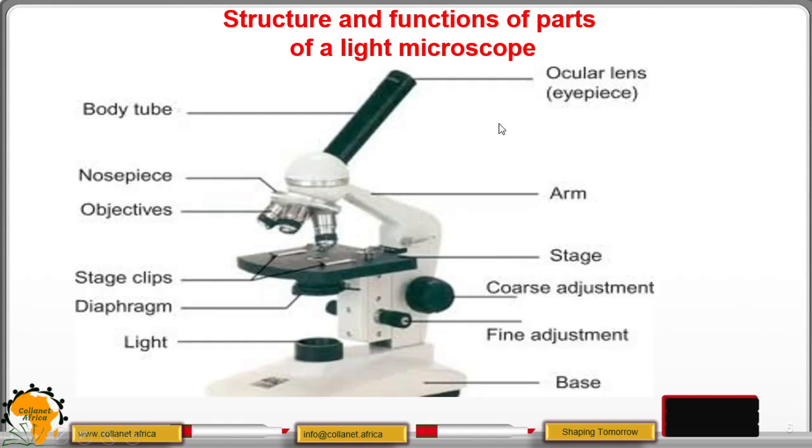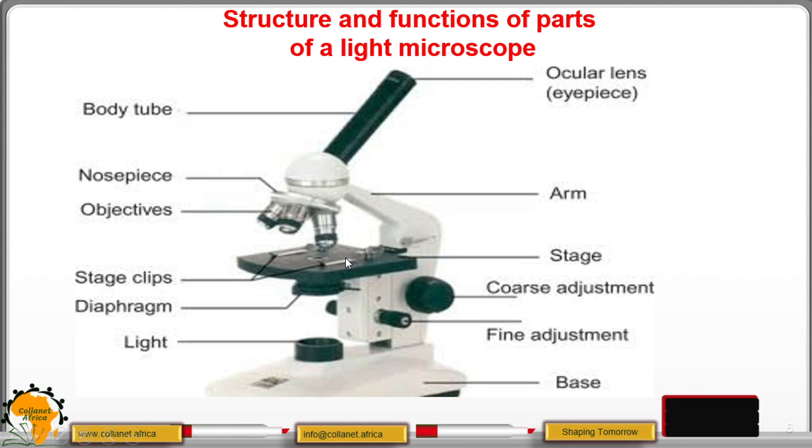So, this is the structure of a microscope. We have the eyepiece, from where you will observe something on the stage. And then we have the body tube here. We have the revolving nose piece. And then we have the objective lens. There is the arm. Then we have the stage.